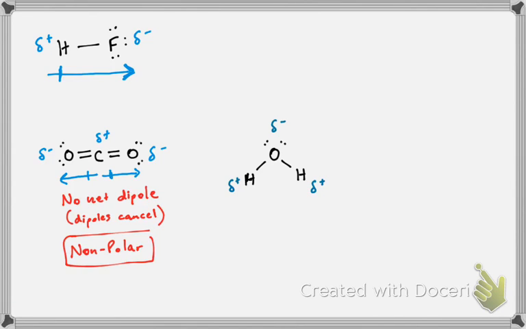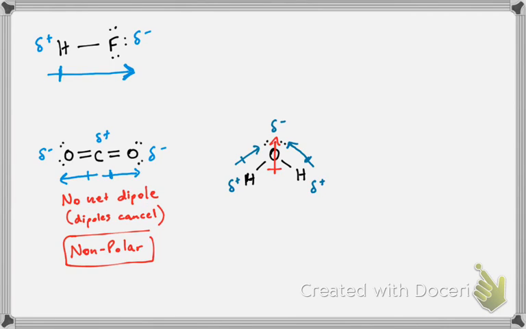And so what we're going to get in this case is a bond dipole pointing upwards here and another bond dipole pointing upwards here. Essentially the horizontal components of those dipoles will cancel each other out, but you can see that there's a net dipole moment which is pointing upwards.